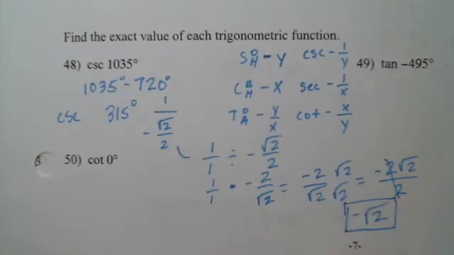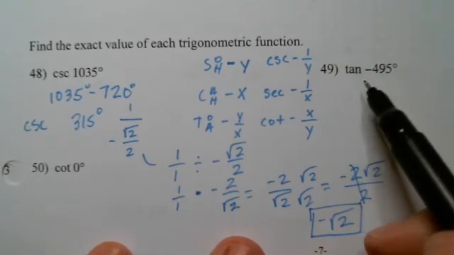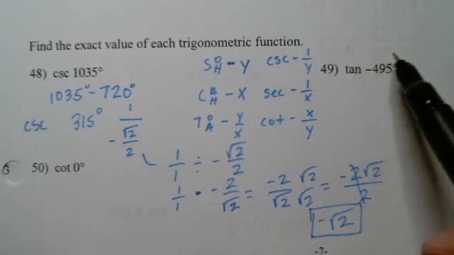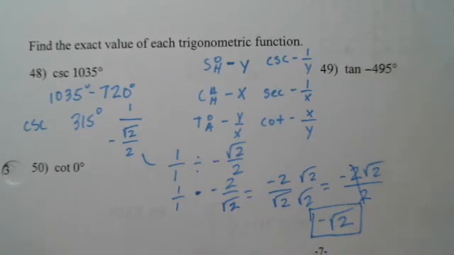Okay. Coming over here to tangent of negative 495 degrees. Now, we didn't do too many negative ones on the notes, but I think you all can handle it. What do you do with the negative? Do you all remember what I said? You just go across from what the degree was.